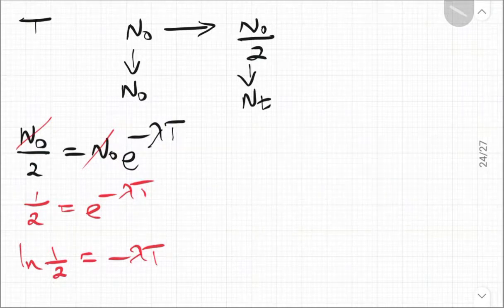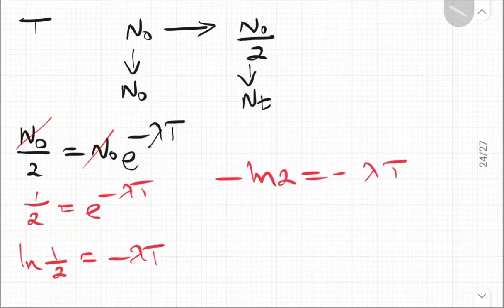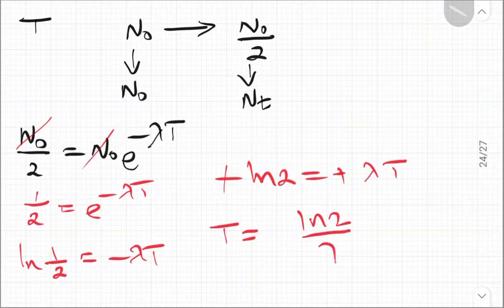Using the logarithmic law, ln 1 over 2 is the same thing as negative ln 2, right? So this is equal to negative lambda capital T. This cancels out with this, so we see that the half-life, capital T, is equal to ln 2 over the decay constant.